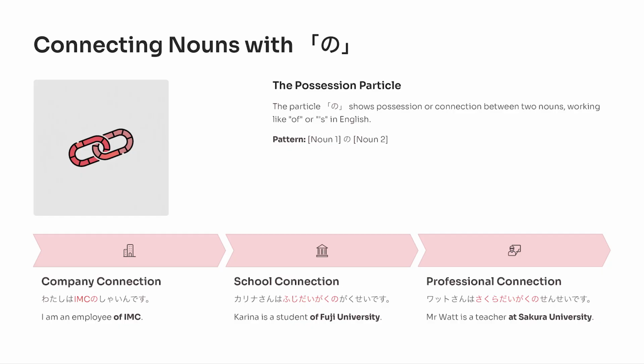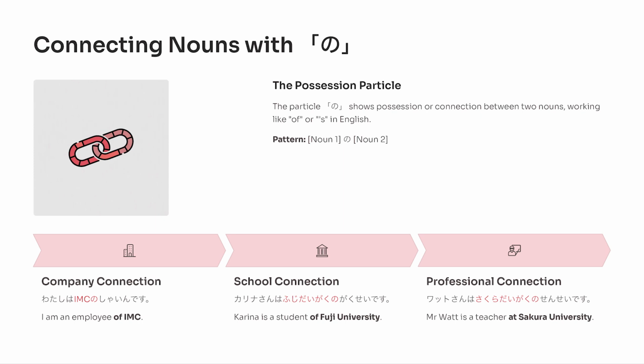Alright, now let's talk about the particle の. This tiny word connects two nouns, kind of like saying of or using an apostrophe s in English. The pattern is simple. Noun 1, の noun 2.